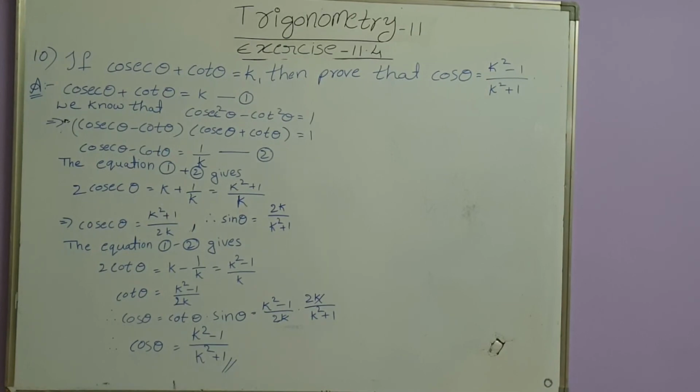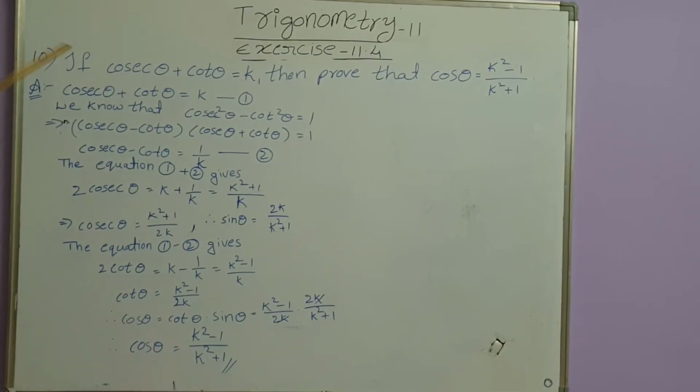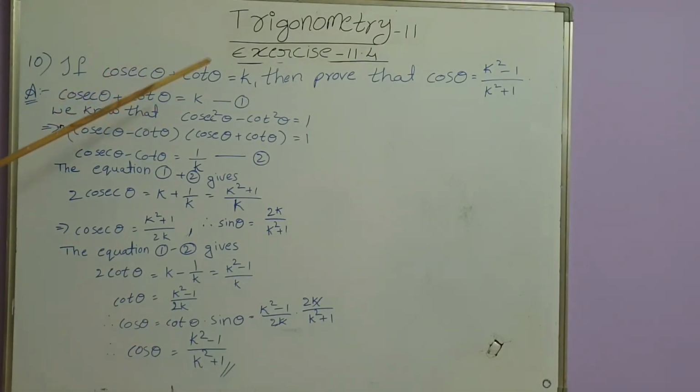This 10th question: if cosec theta plus cot theta is equal to k, then prove that cos theta is equal to (k square minus 1) by (k square plus 1). Here cosec theta plus cot theta is equal to k, given. We know the formula cosec square theta minus cot square theta is equal to 1.